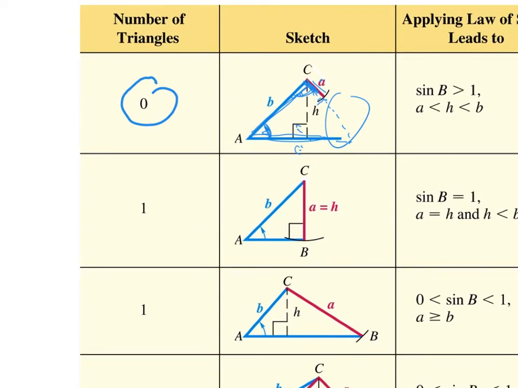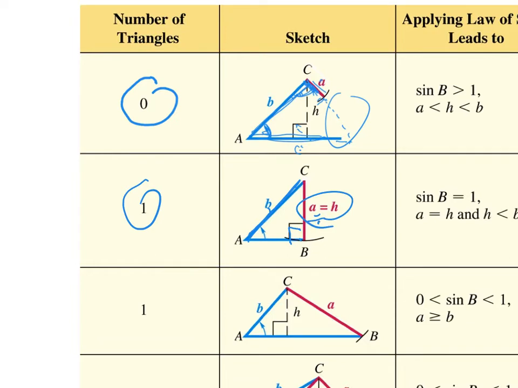The perfect case, if it's acute, would be if the angle B was 90. Then you know that side B would have to be the longest side. Side B is the longest side. And A would equal B. No, it can't be equal to the H. It's the hypotenuse, not the hypotenuse.